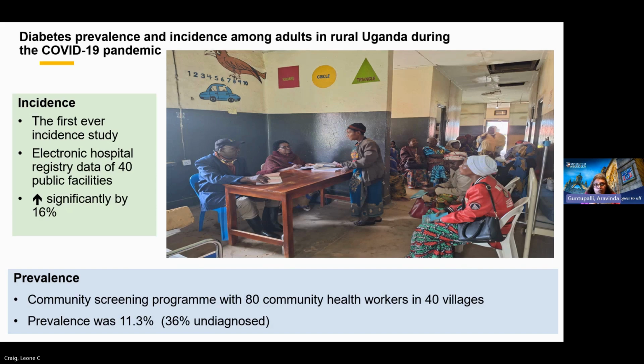We were not only keen on calculating the prevalence, we wanted to know how many people were previously undiagnosed and could be diagnosed at these lower settings. We saw that 11.3% was the prevalence in the 3 districts, 40 villages we covered. And we showed that 36% of these cases were previously not diagnosed.